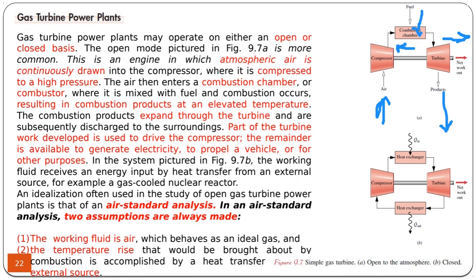We can assume that the inlet and exhaust systems are connected to each other, and we use air inside, and heat addition takes place not only as combustion, but an external heat source adds heat into the system, and heat removal does not take place as exhaust of the gases, but it takes place as the heat rejection at this heat exchanger.